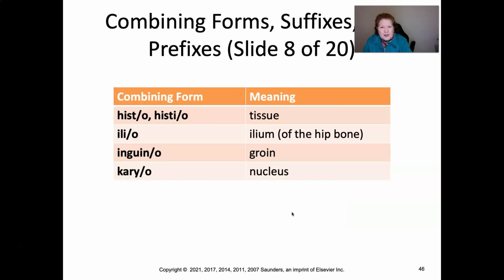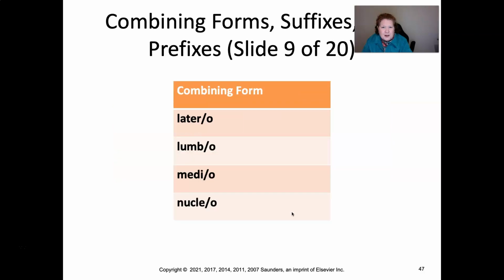And we'll be covering a lot of these again as we go through each body system. For instance, ilium, we will probably be covering when we go through the musculoskeletal part of our book. And this first one is lateral, not later, lateral. So you might want to put that in your mind.